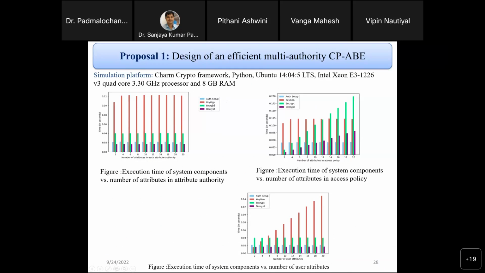In all three cases, you can clearly see that the main components are key generation and encryption. All these components are mainly heavily computing components.